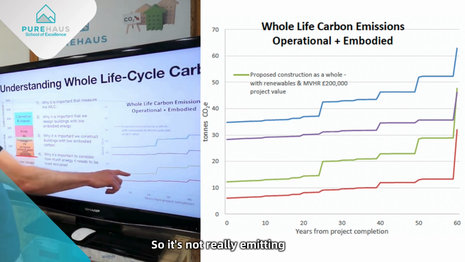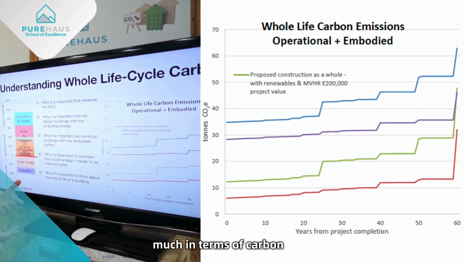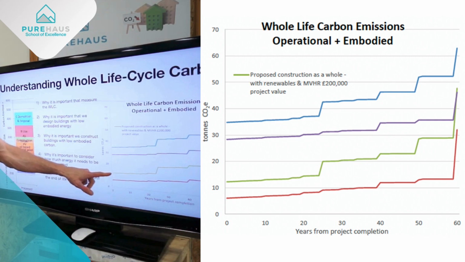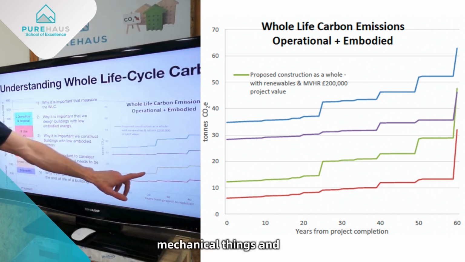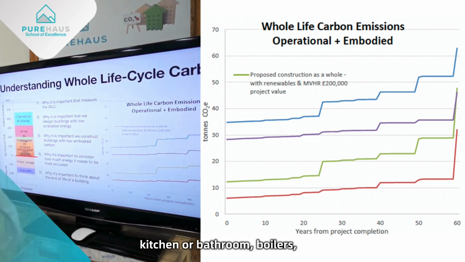So it's not really emitting much in terms of carbon dioxide into the environment because it's got benefits from things like solar panels, wind turbines, and other renewable sources. The problem with buildings is our mechanical things and our materials, whether it's a kitchen, a bathroom, boilers, ventilation systems, solar panels, they do have a life expectancy, and they're generally much, much shorter than the building itself.